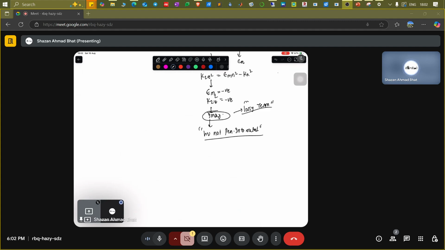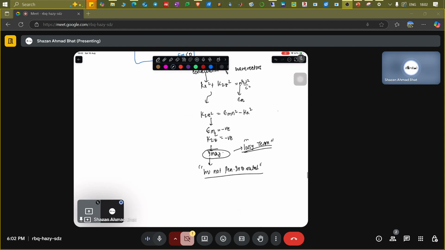We have talked about it many times. Because the refractive index is n equals n naught plus i kappa, and this kappa is basically related to the absorption coefficient. This is kappa. This is not k.